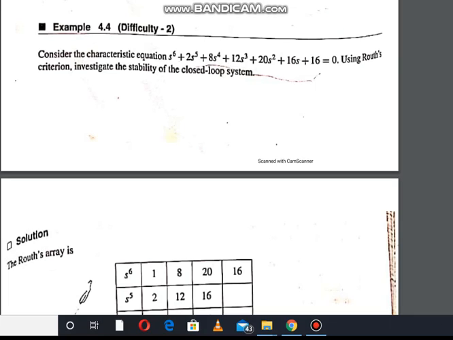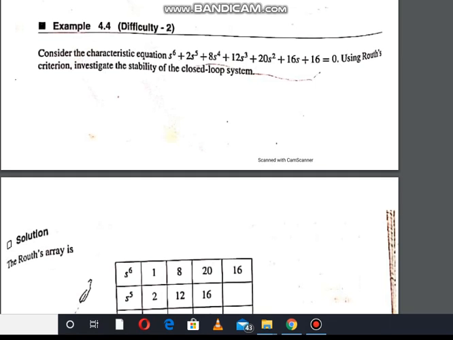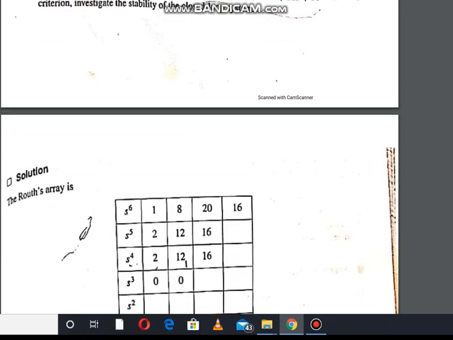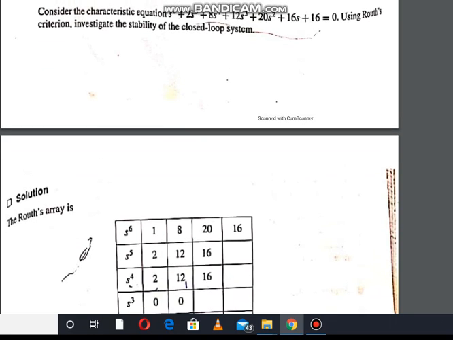Now by using the characteristic equation, we can write the Routh array. In the s to the power 6 row, the coefficient of s to the power 6 is 1, s to the power 4 is 8, s to the power 2 is 20, s to the power 0 is 16. We have written all those coefficients.